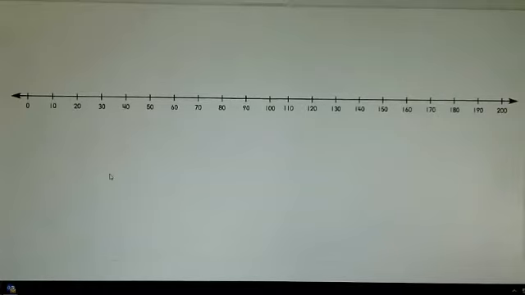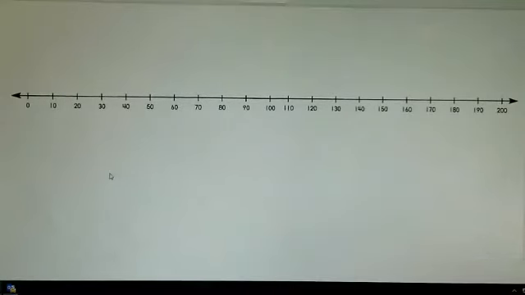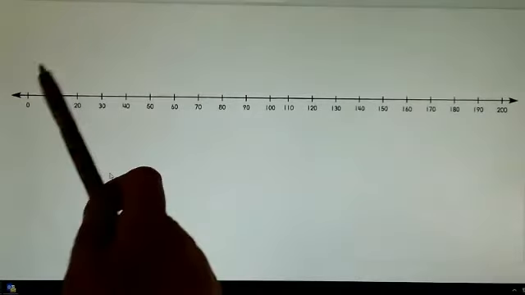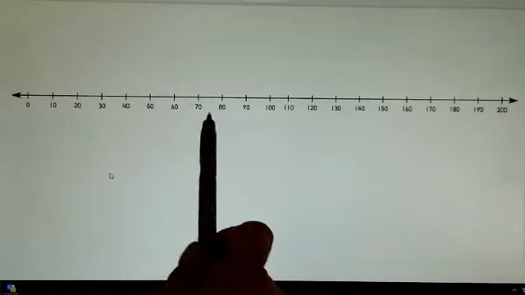When working with multiples of 10, you can also use a number line, which is what this is, to help you multiply by multiples of 10. So, if I was going to say, okay, I need 3 groups of 10, well, on a number line, I could say, all right, I'm counting by 10 on my number line.